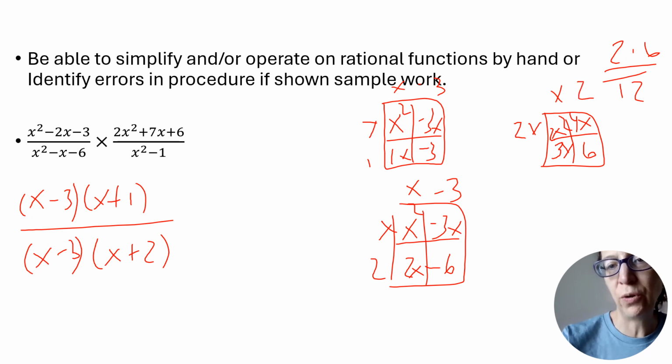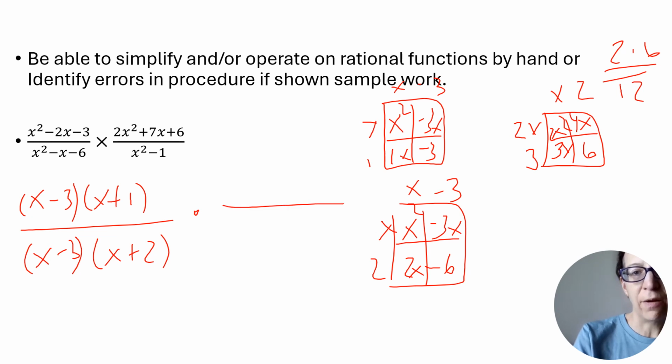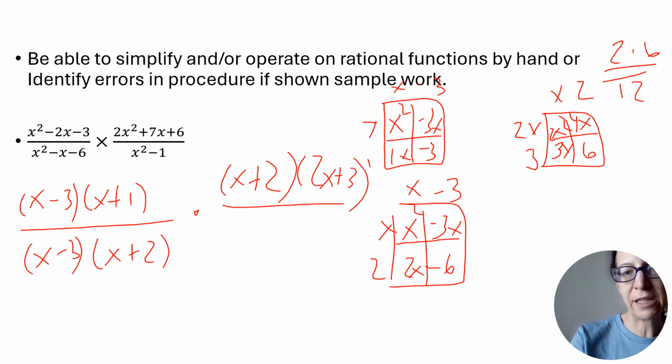This must be a 2, and this must be a 3. And so we have x plus 2 and 2x plus 3. And then last but not least, we have a difference of squares. So that'll be x plus 1 and x minus 1.